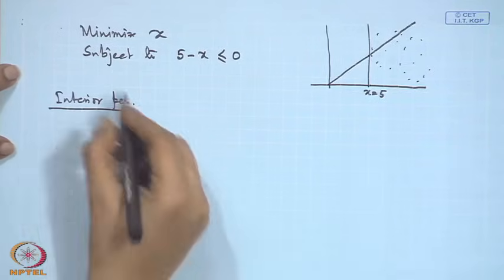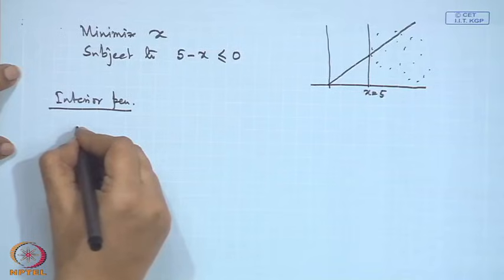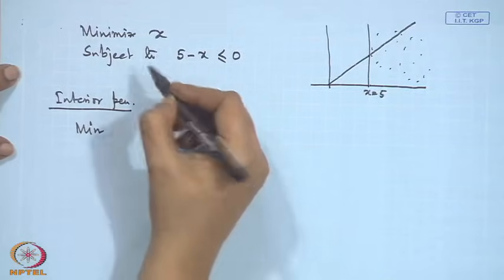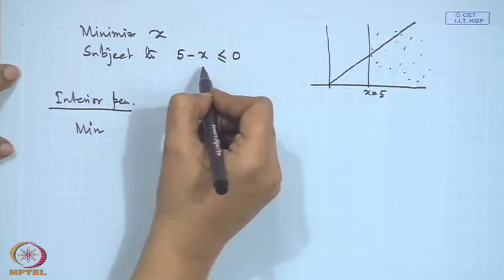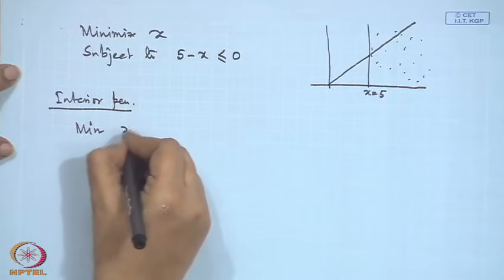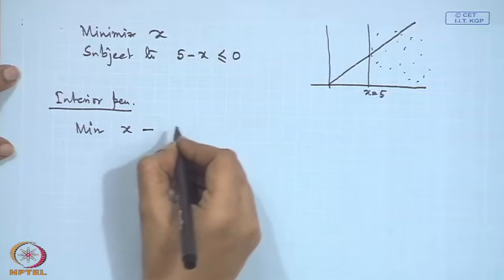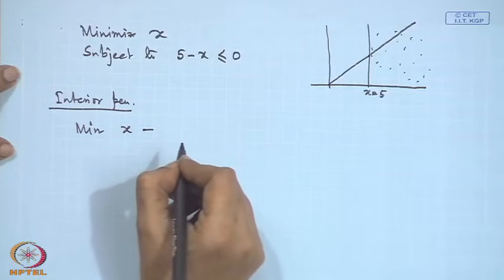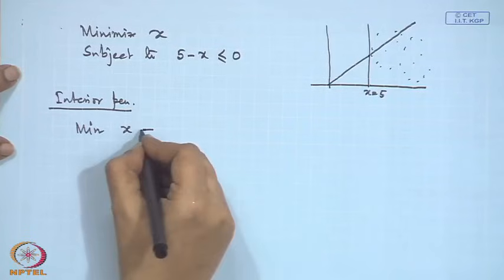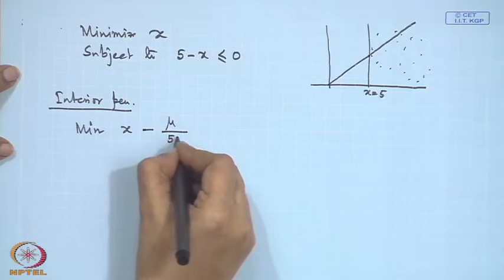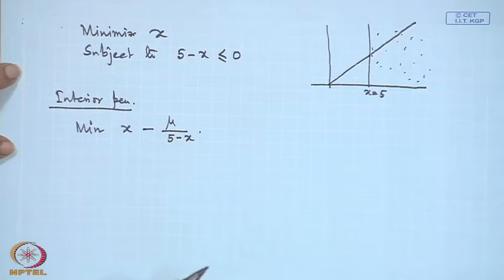In the interior method, we convert this problem into an unconstrained problem in this manner: f(x) plus mu into minus 1 by g_j(x). That means, x plus mu divided by 5 minus x. This is the unconstrained problem for us.